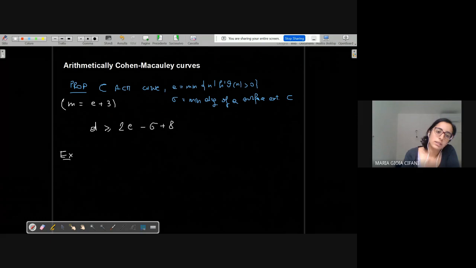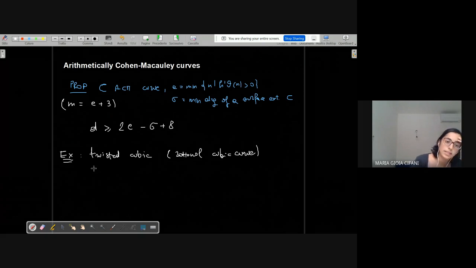Maybe we can make an example that I was talking about before, the case of the twisted cubic. The twisted cubic is the only rational curve that is also an Hessian curve. And here they proved that for d greater or equal than 5, we have reconstruction.